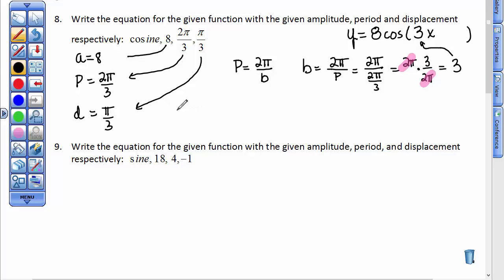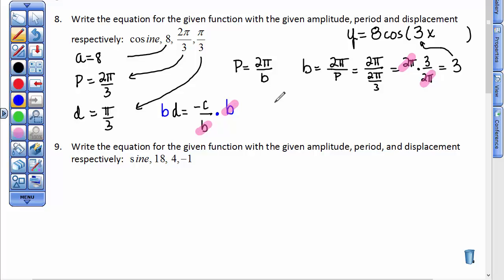Let's do a little bit of algebra. Displacement is defined as the opposite of c divided by b. And in this problem, they gave us the displacement, and we just found out that the b value is 3. Let's find out what c is, so that we don't have to do this every time. What do you say we do the algebra? I want to do this in blue. Let's multiply both sides of the statement by the letter b so that those will disappear.